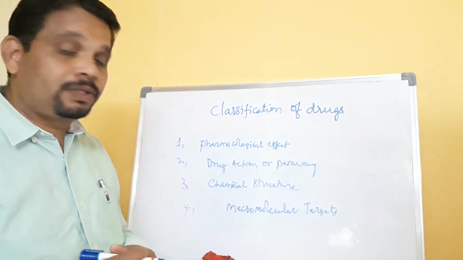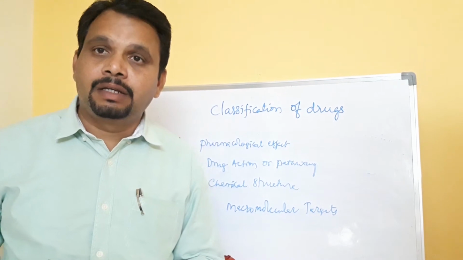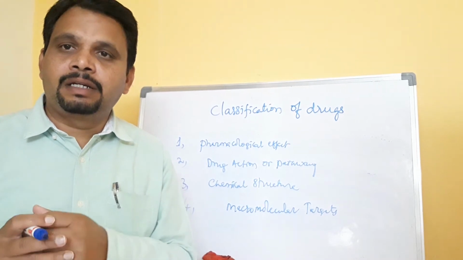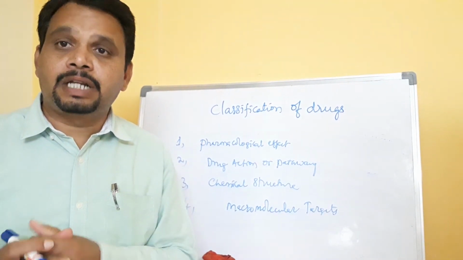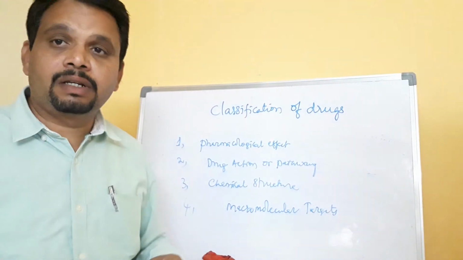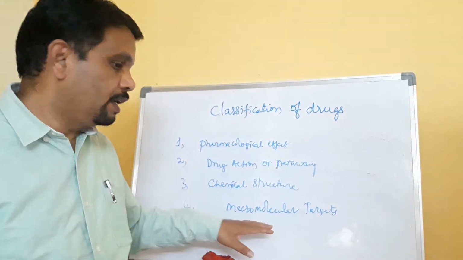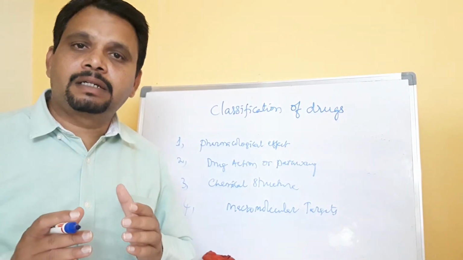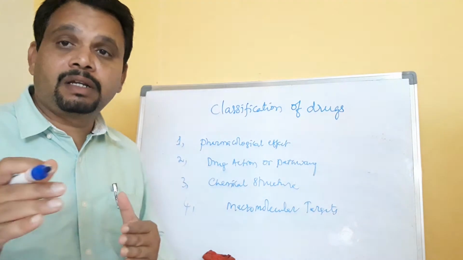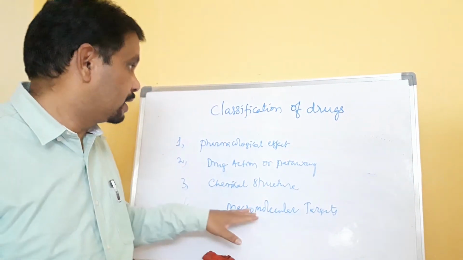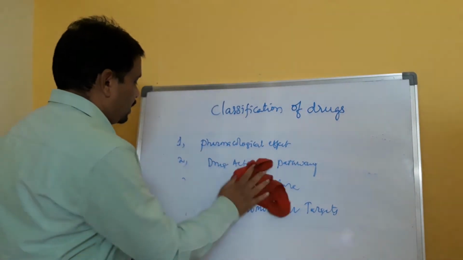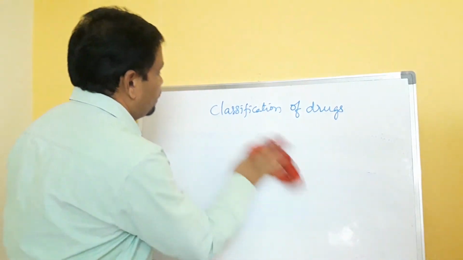And also drugs acting on genetic material, DNA, RNA, and carbohydrates, enzymes, receptors, transport proteins, and lipids. All these are macromolecular targets. So if a drug targets a macromolecular target, on the basis of that we can classify drugs into different categories. So these are the 4 ways we can classify drugs into different classes.